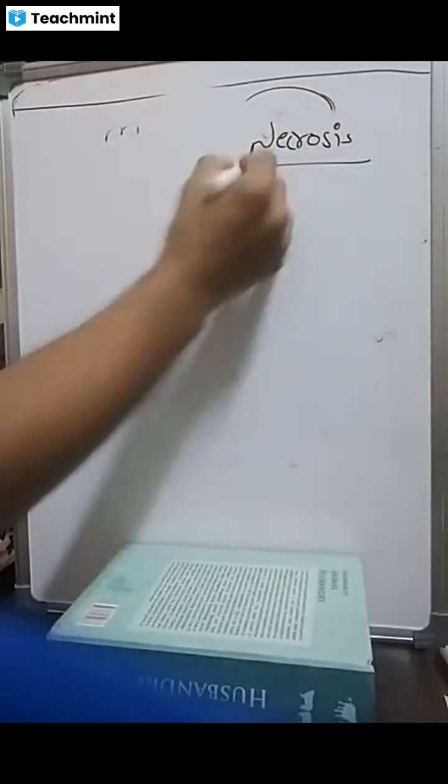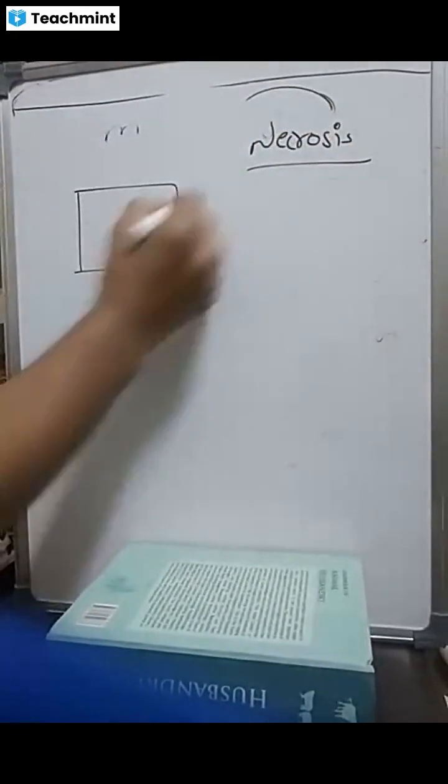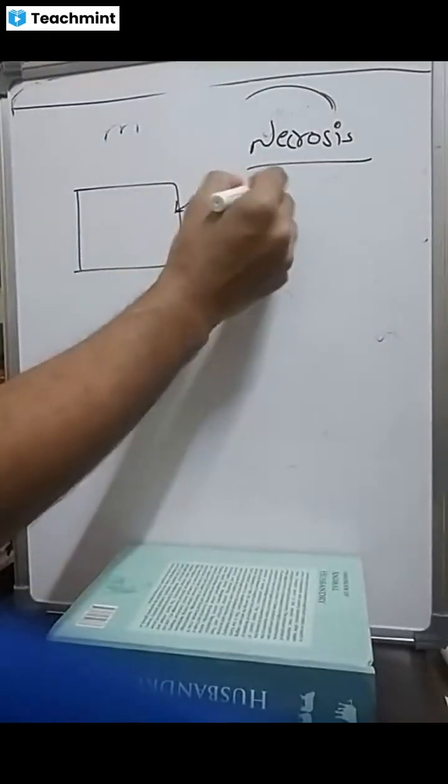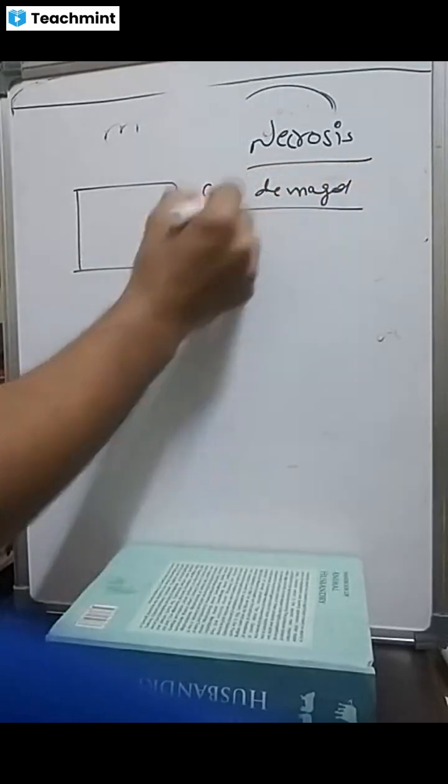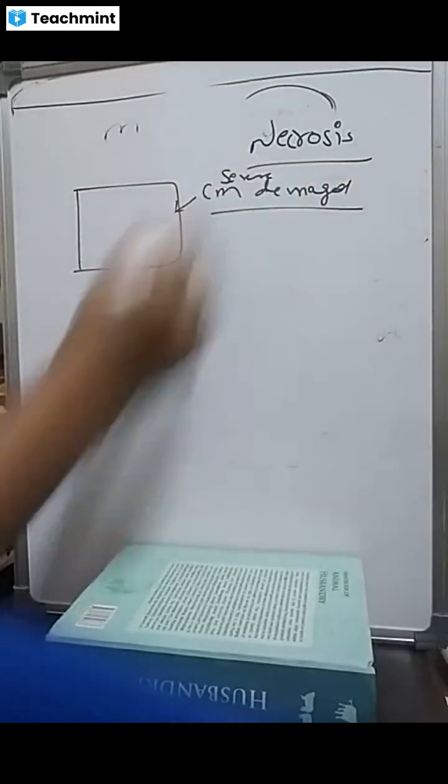In necrosis, this cell's membrane is severely damaged. That is also called the point of no return.